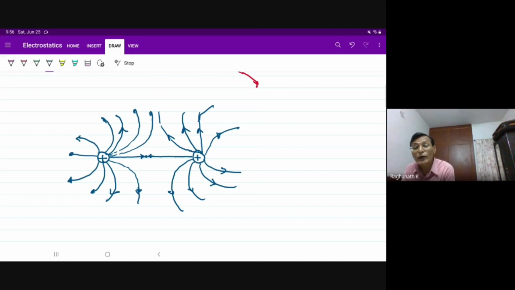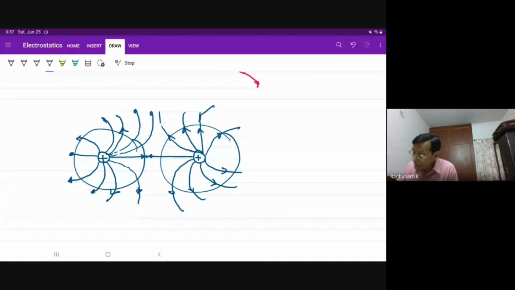In this particular case, what will happen? Again, it's all going out. If the surface enclosed is Q2, only Q2, Q1 only Q1. If it encloses both, Q1 plus Q2. All are going out only. In the same way, if both are negative charges, all the lines will come in.